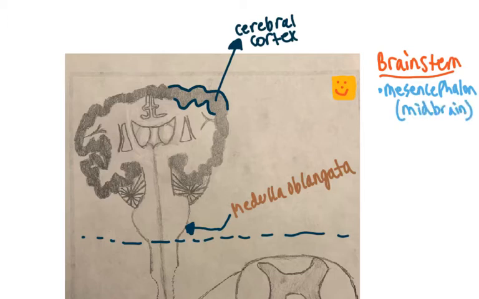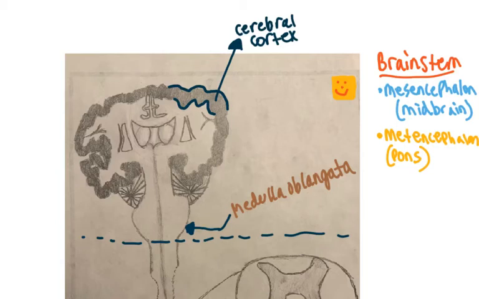Then we have our metencephalon, and another word for metencephalon is our pons. With our pons comes a cerebellum also, but the cerebellum is pretty much the little brain, that's what it's called.